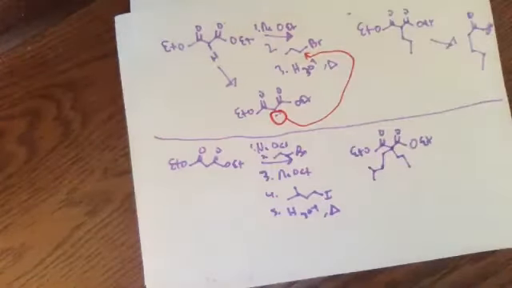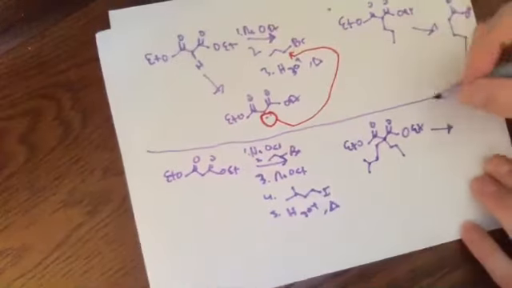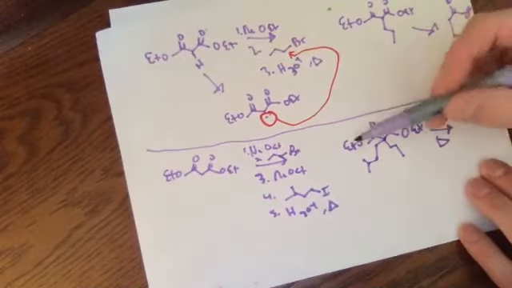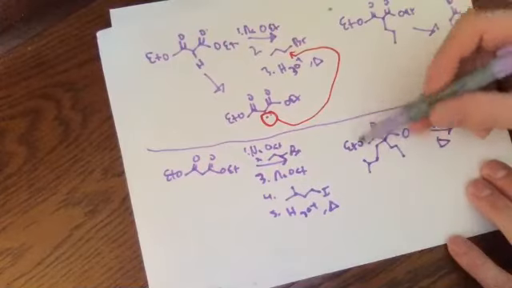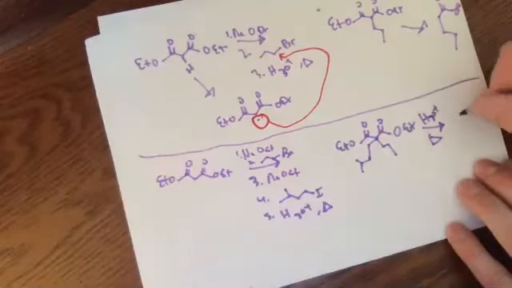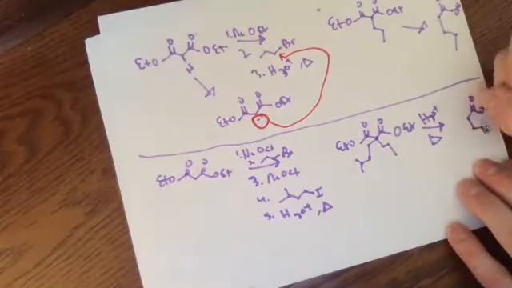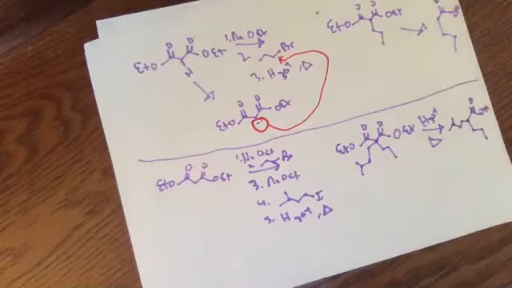So we should get this here with H3O+ and heat. We're going to lose both of these esters to carboxylic acids. We are going to decarboxylate one of them to form our product.